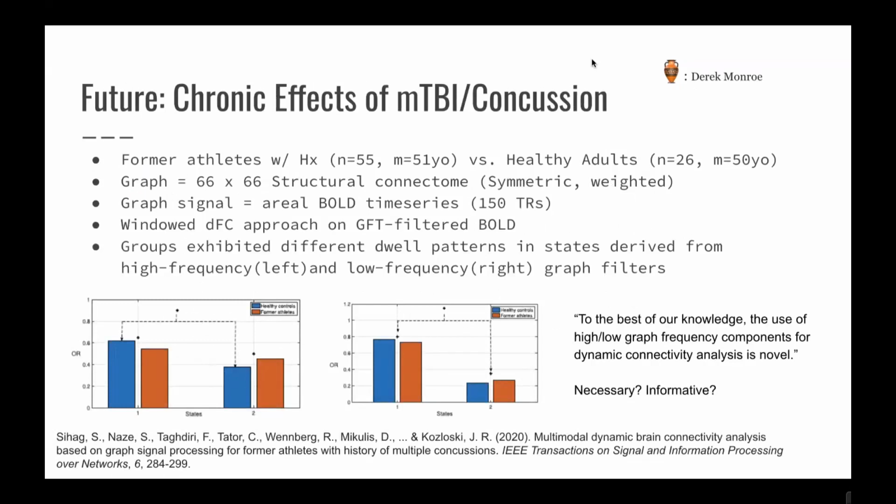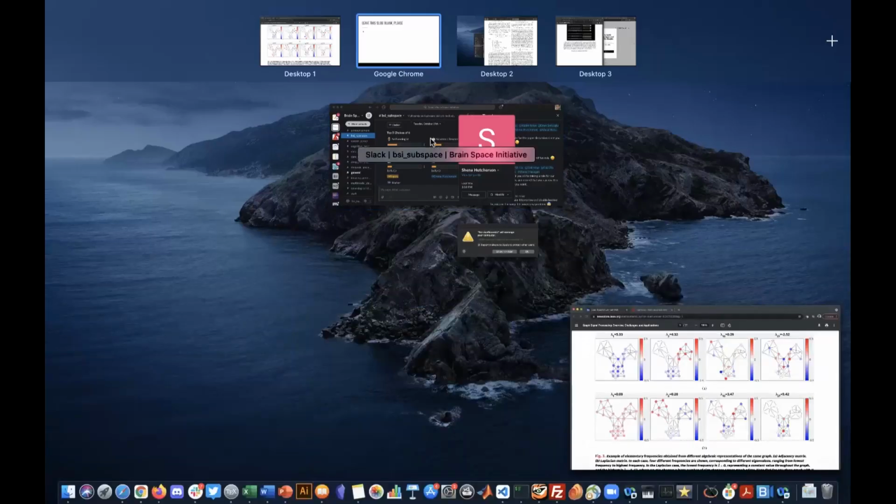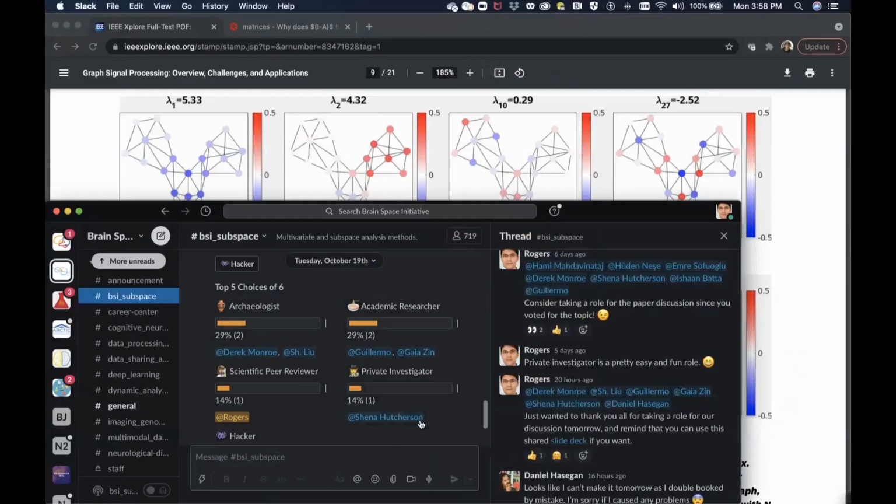I think we have a couple more people who were going to present something. Let me see, who were those? So we had Shanna, Derek, Guillermo. I think Guillermo or Gaia, one of you two can add your points in terms of the academic researcher role.